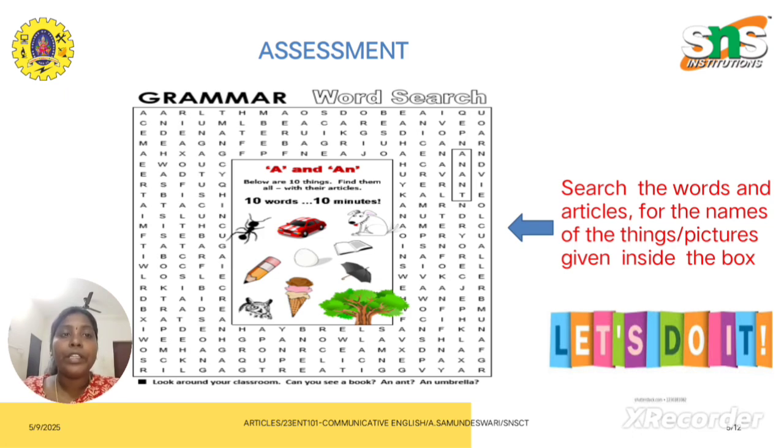For instance, one has already been solved there: an ant. Similarly, if it is an ice cream, what should I do? Whether I am going to use a or an. Tree, it is just a tree and there is no vowel sound, so you can place a tree. So you are just going to identify the correct pair of articles with the provided images.